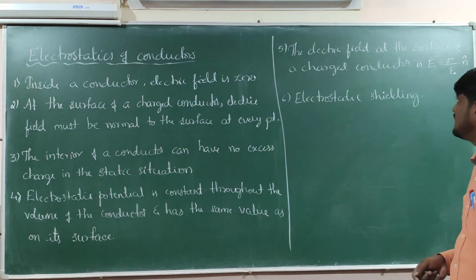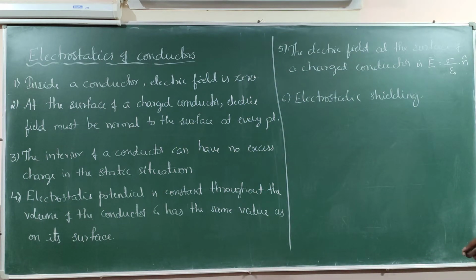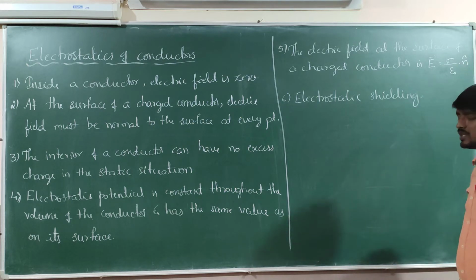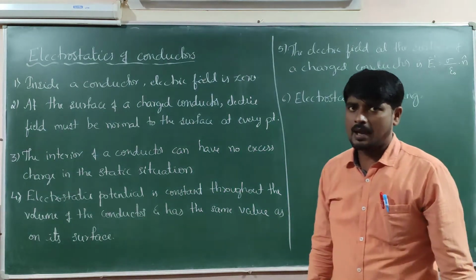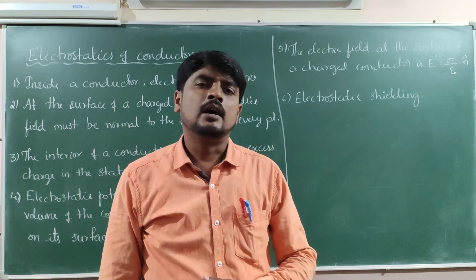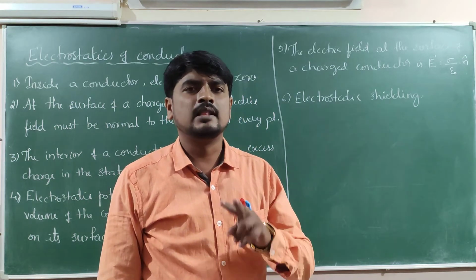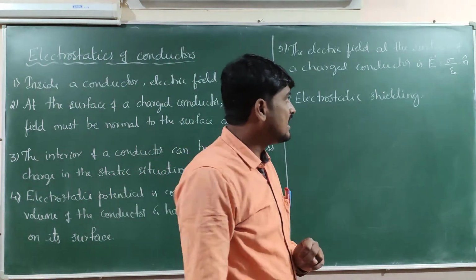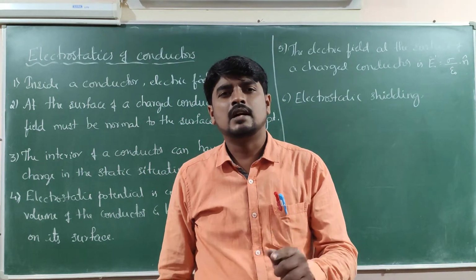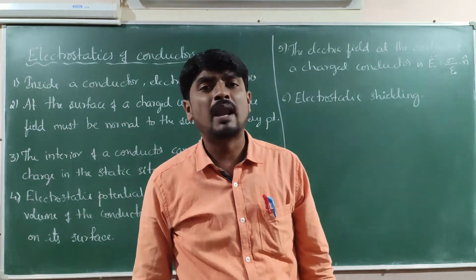The next point is that the electric field at the surface of a charged conductor is equal to vector E = sigma by epsilon naught into n cap, where n cap is the unit normal vector. So now friends, for this you just recall the applications of Gauss's law, in that second application: electric field due to a uniformly charged infinite thin plate sheet.